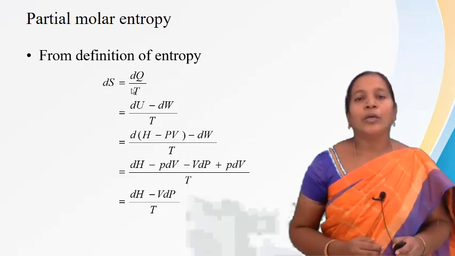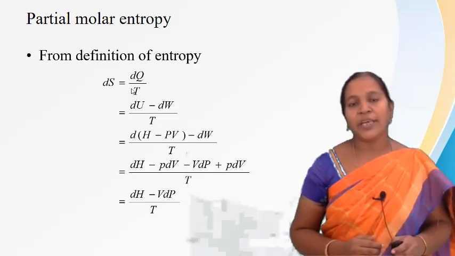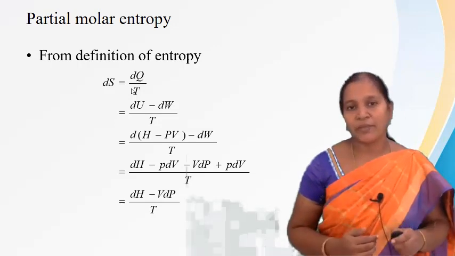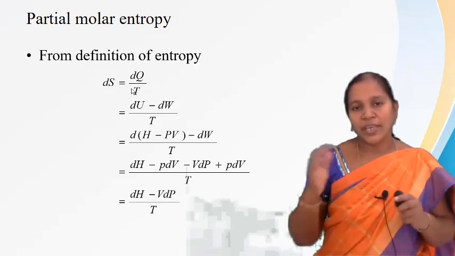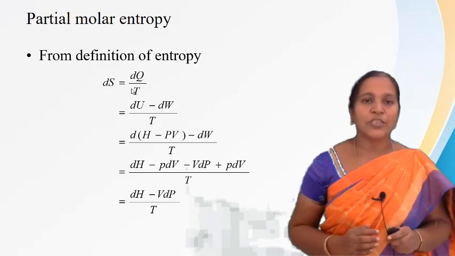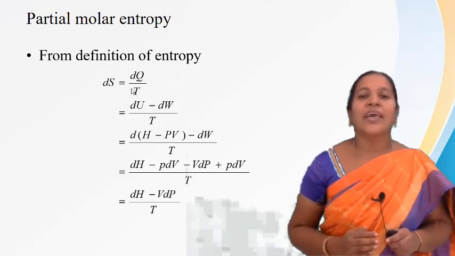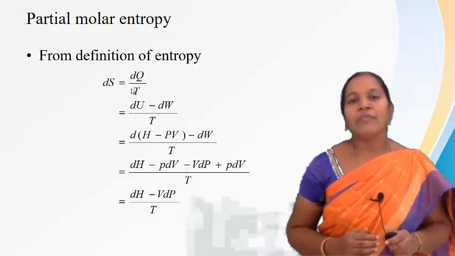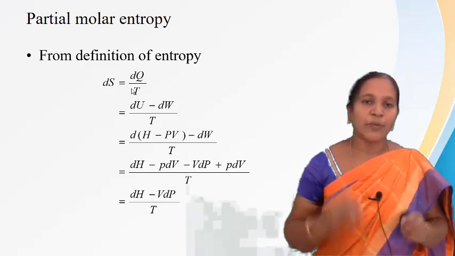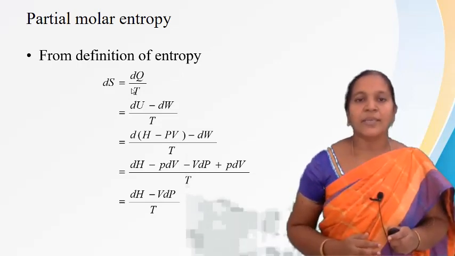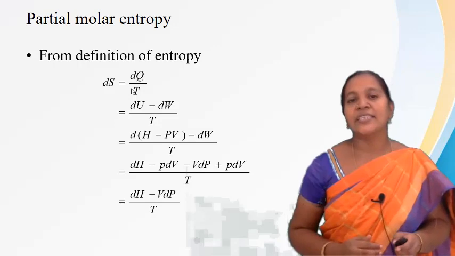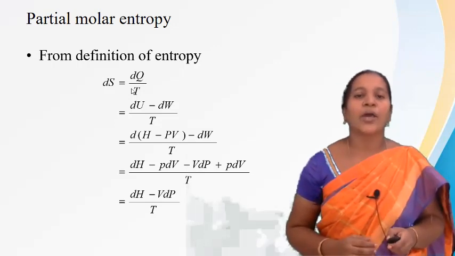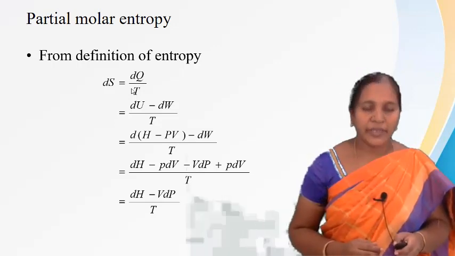Here, from the definition of enthalpy, H is equals to U plus PV. Then U is equals to H minus PV. Substitute in place of U with H minus PV. dS is equals to d of H minus PV minus dW by T. Then simplify, we will get dS is equals to dH minus VdP by T.